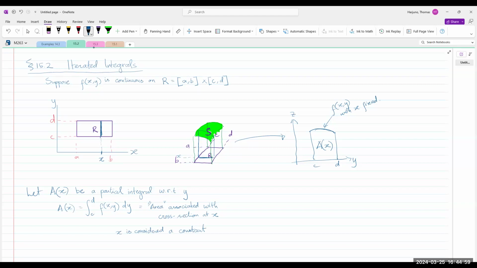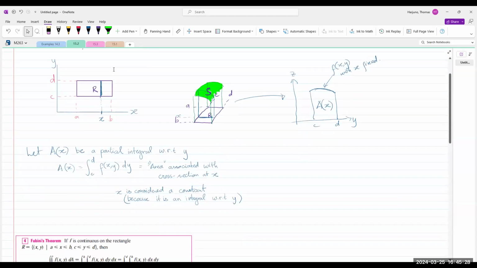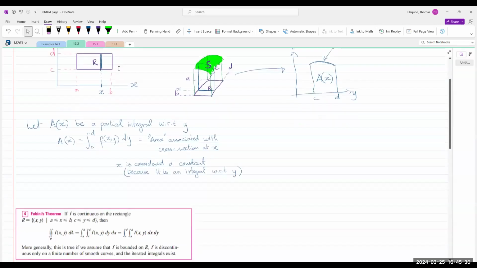Right now, when we do integration with respect to y, x also is considered constant. Maybe I should emphasize it, because it is an integral with respect to y.